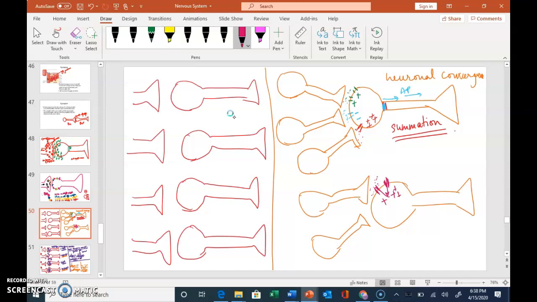Now, when you have successive release of neurotransmitter from one neuron only, obviously, there will be no summation across neurons.